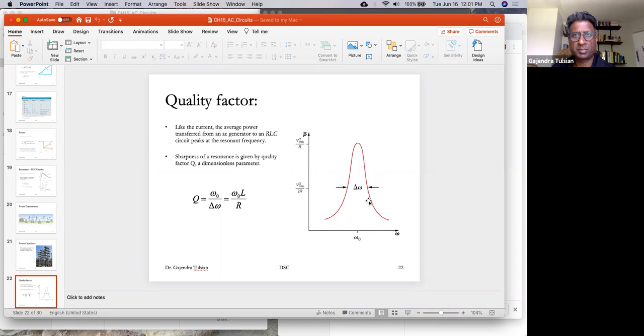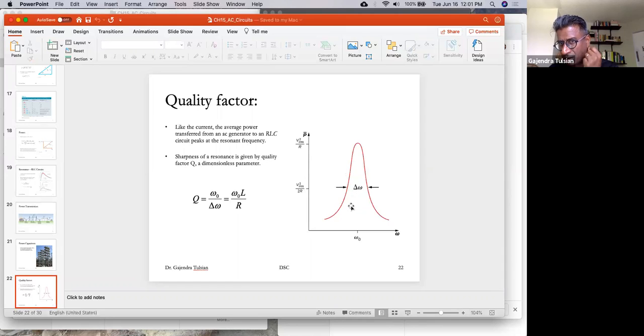Now this concept can be generalized. We were talking only about the RLC series circuit, but the sharpness of this resonance is given by a quality factor. It's a dimensionless quantity. So Q, the quality factor, tells you how sharp this peak is.